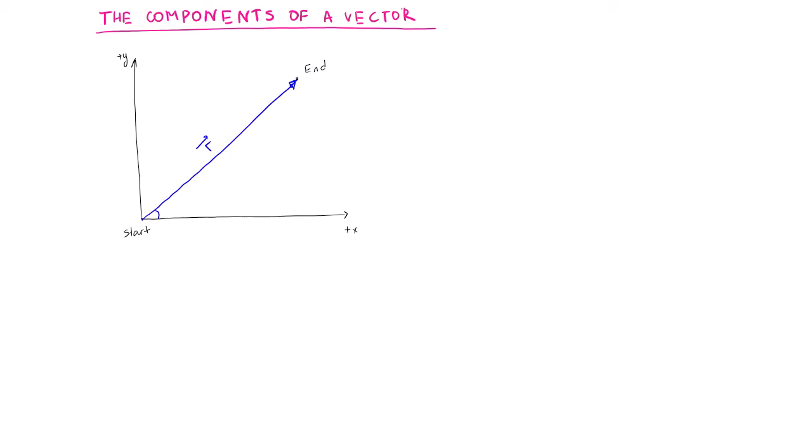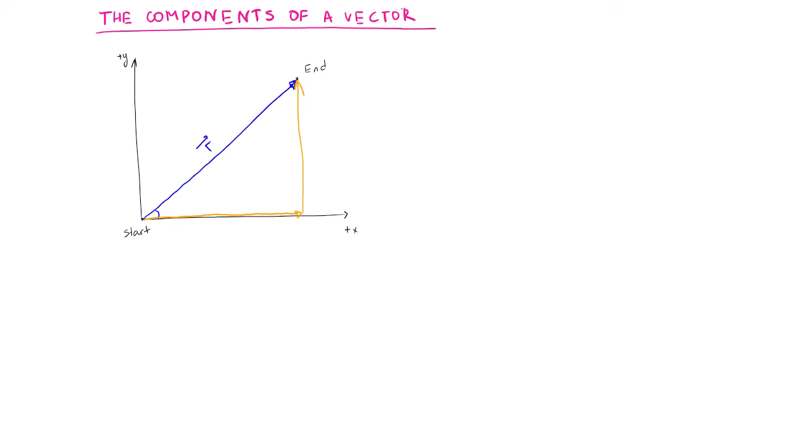However, the car could also arrive at the finish point by first moving due east and then turning through 90 degrees and then moving due north, like this. So it goes due east, turns 90 degrees, and goes due north.